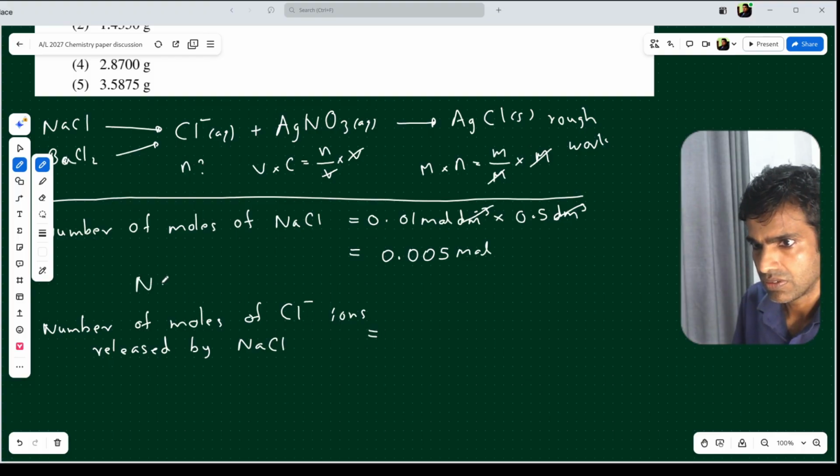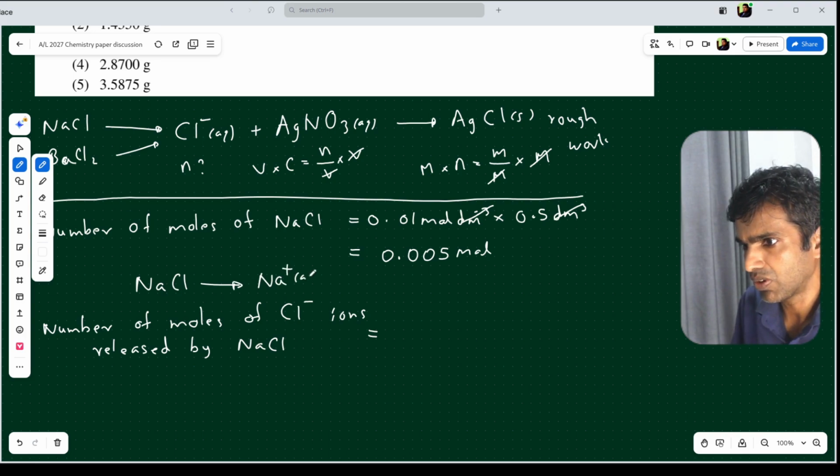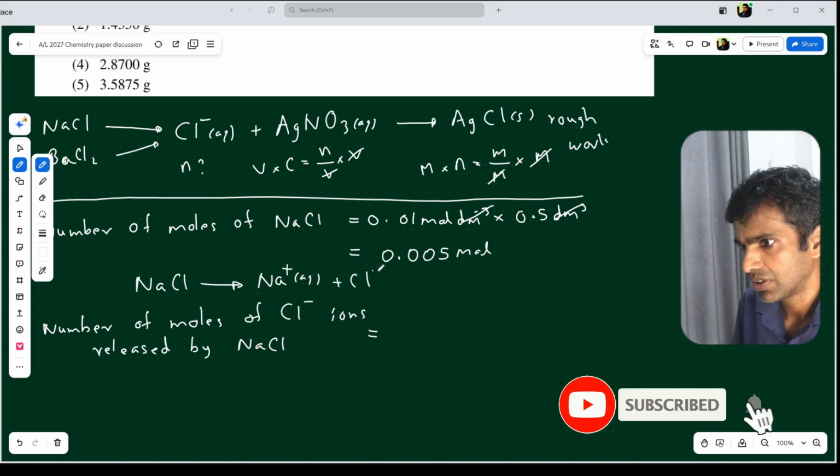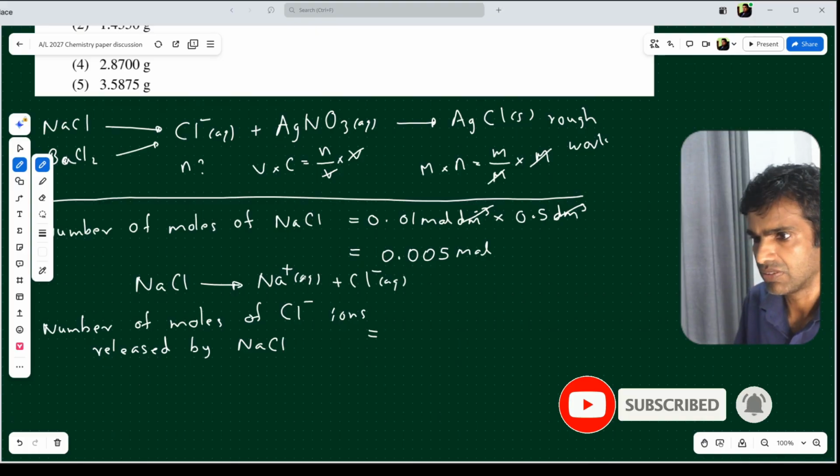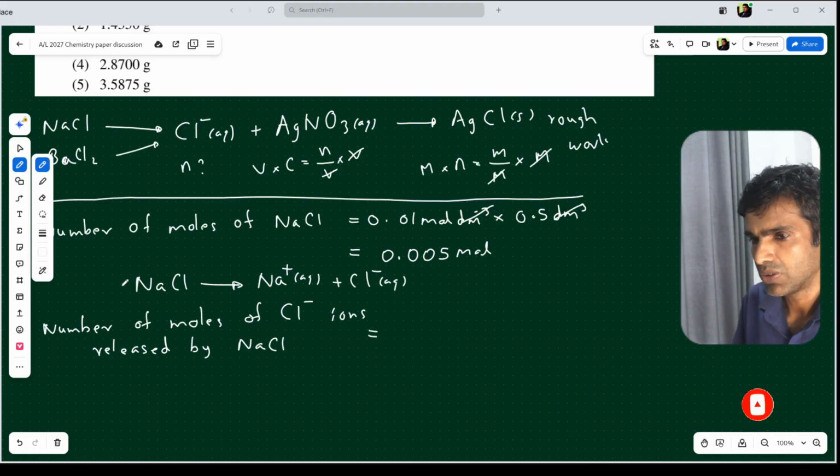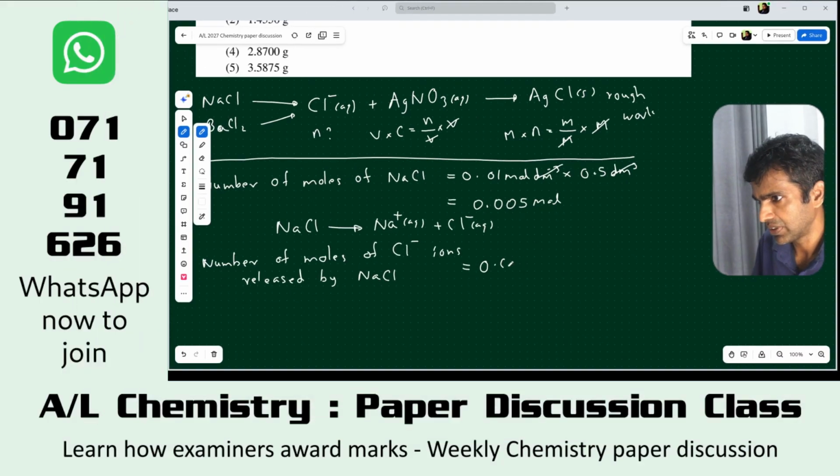We know when we dissolve 1 mole of sodium chloride in water, it releases 1 mole of sodium ions and 1 mole of chloride ions. Therefore, it is clear that the mole ratio between sodium chloride and chloride ions is 1 to 1. So the same amount, 0.005 moles of chloride ions, were released by sodium chloride.